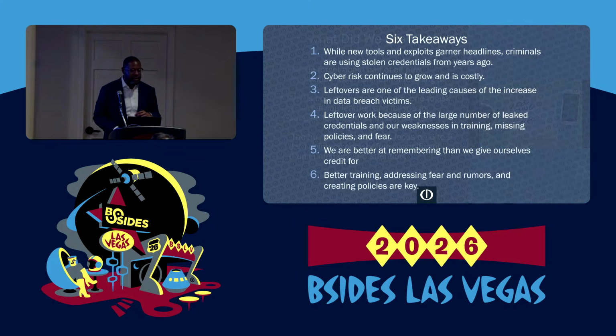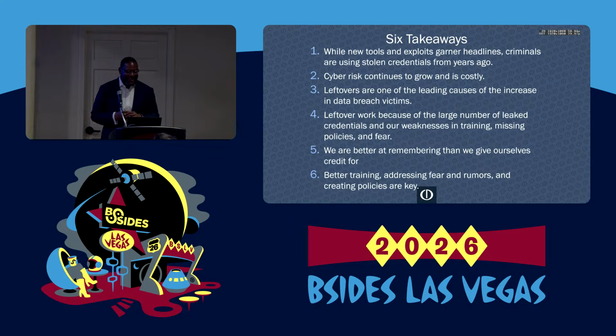And so I am here to help with 6 takeaways that we can all look at, so that hopefully when someone asks you, what did you learn from this presentation, you can remember at least one thing. So first, while new tools and exploits garner headlines, criminals are using stolen credentials from years ago. Second, cyber risks continue to grow, and it is very costly for all of us.